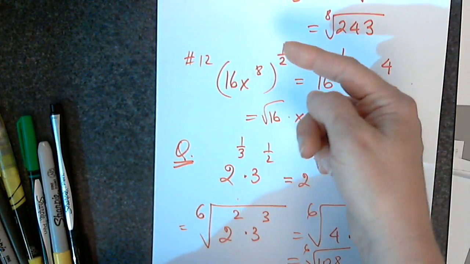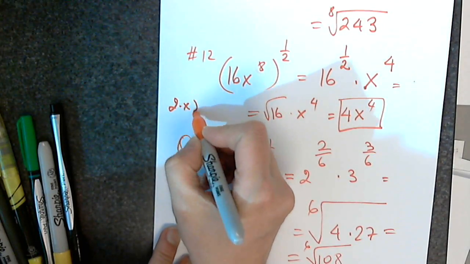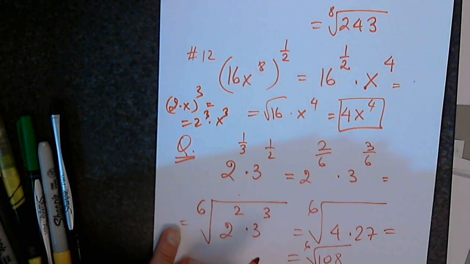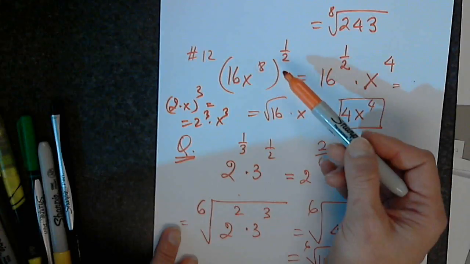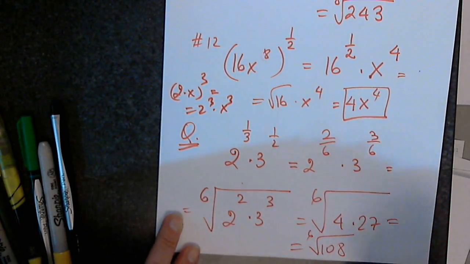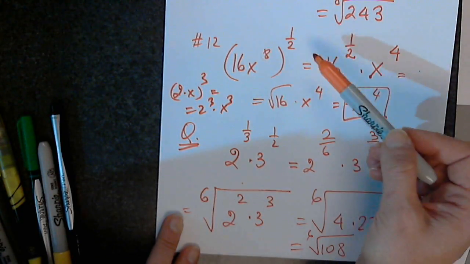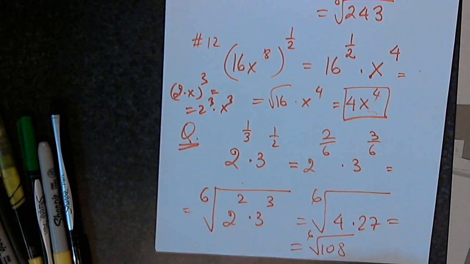And I take this portion, I raise it to 1/2. So this is like, for example, 2 times x to the 3rd power: you have 2 to the 3rd and x to the 3rd. So I applied power 1/2 to 16, and I applied power 1/2 to x to the 8th, because it was easier to separate it. So then this becomes the square root of 16, which is 4, and this becomes 8 times 1/2, which is 4. So that doesn't have a radical anymore. Better? Okay. Very good.